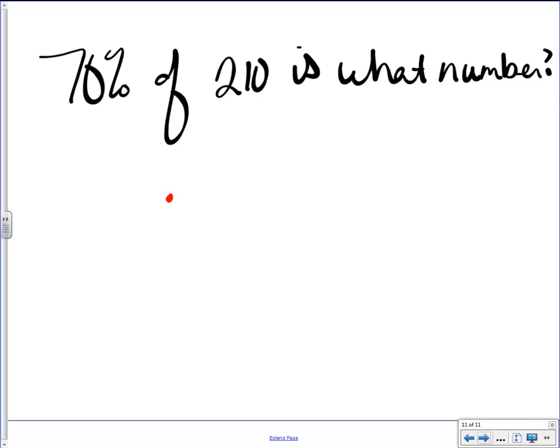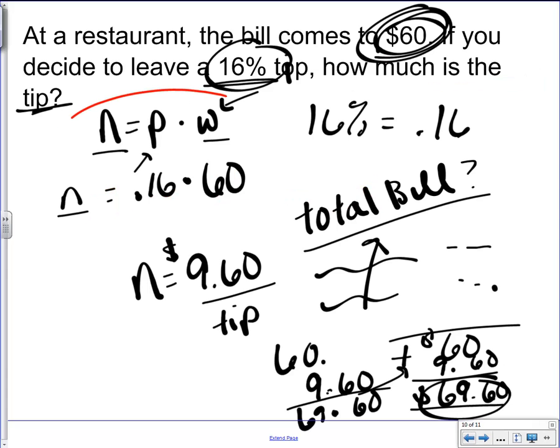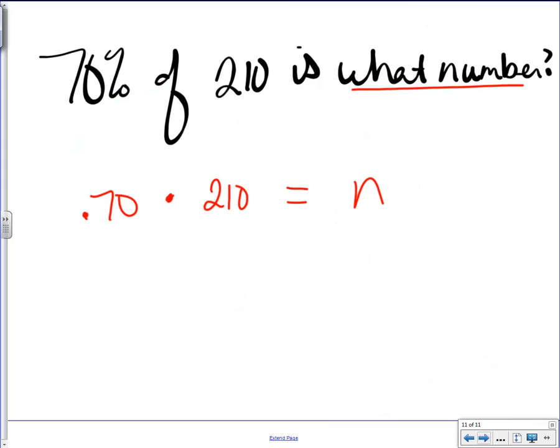We know of is a multiply sign, is an equal sign, what number is something I don't know, 210 is my whole, and 70% as a decimal is my part. So remember just a second ago I wrote n is equal to percent times the whole. Now it's percent times the whole is equal to n. It's the same thing. The percent and whole are always on the same side together, and the n is on the other side. So they just flip this around, but it is the same thing.